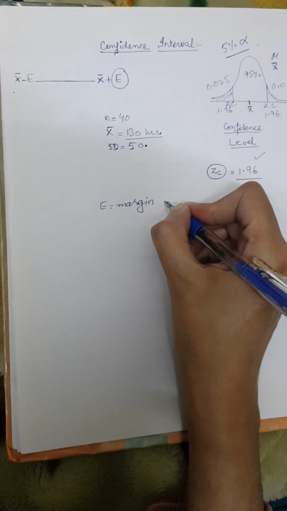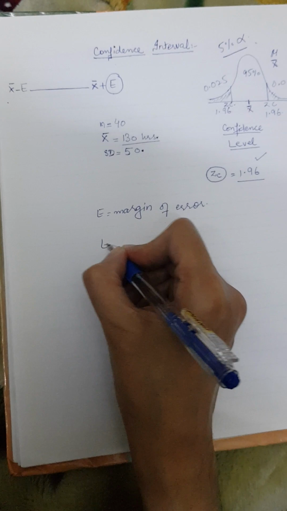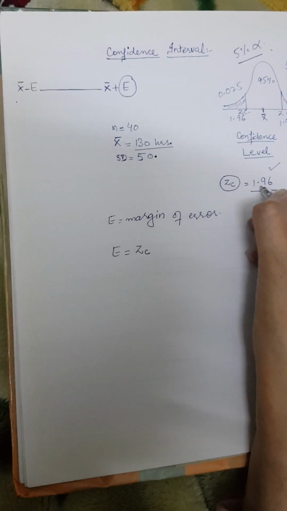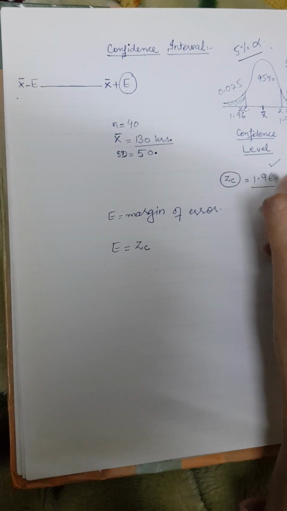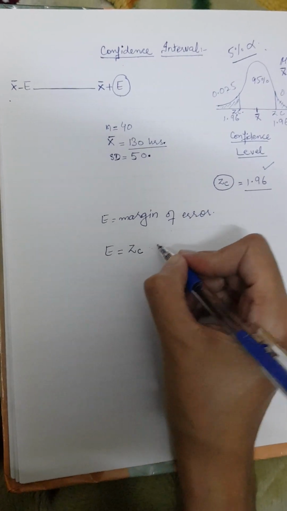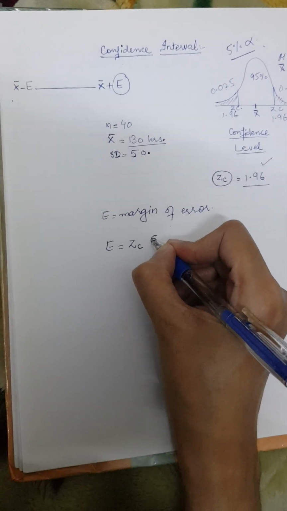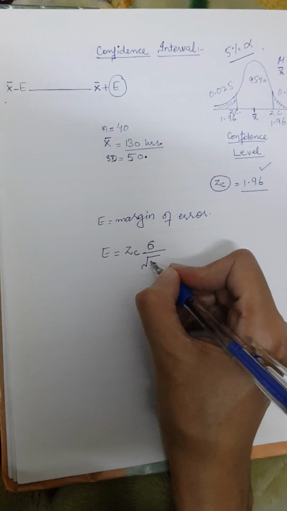The formula for E is ZC, that we already know is 1.96. It is a standardized value and we have standardized tables for it. Multiply by population standard deviation, sigma, divided by square root of n.